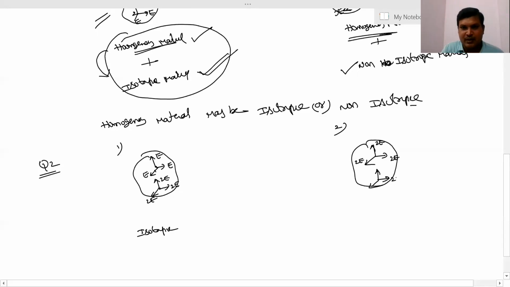Again I am taking here 2E, 2E, 2E. So at a given point, in all directions, the material property is the same: isotropic. But at point 1 and point 2, the material property is E here and 2E here. So this is non-homogeneous.